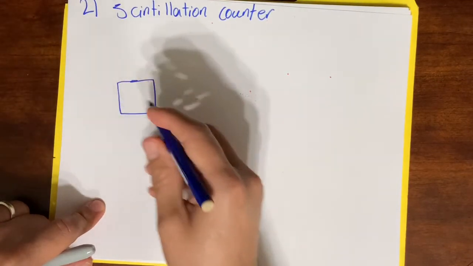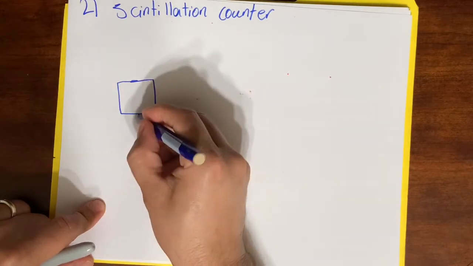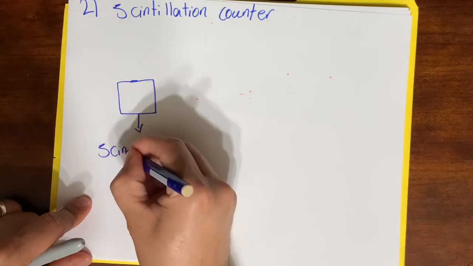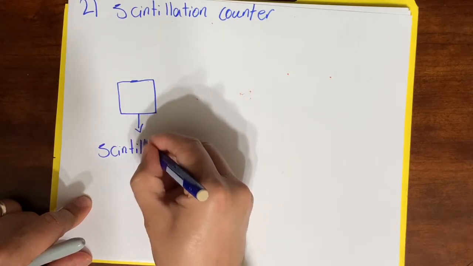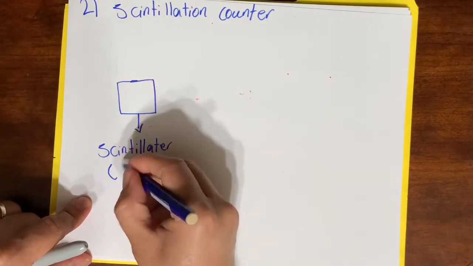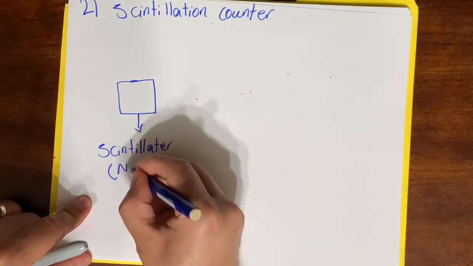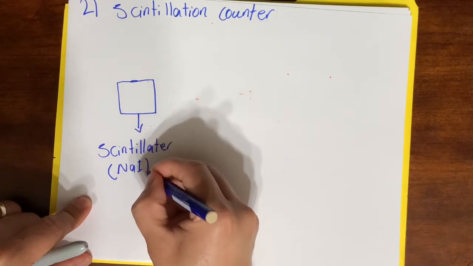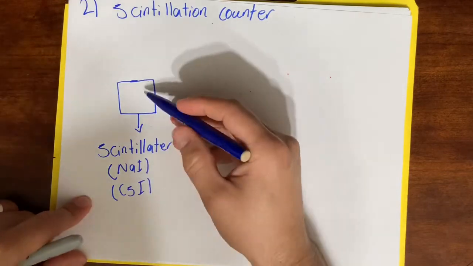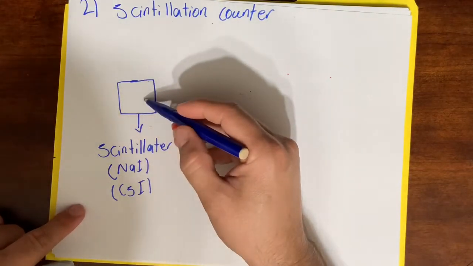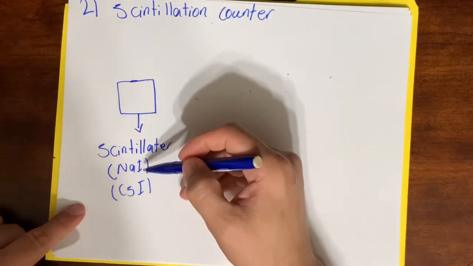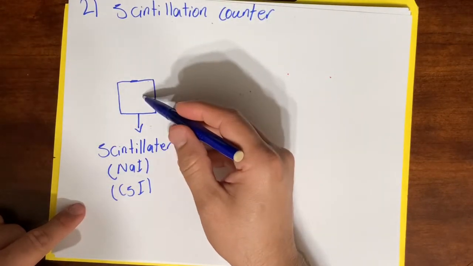That box, we call it the scintillator. Inside this box, we can use sodium iodide. You can use cesium iodide. It depends what you want to track, whether you want to go with alpha, beta, or gamma. You change the composition here.